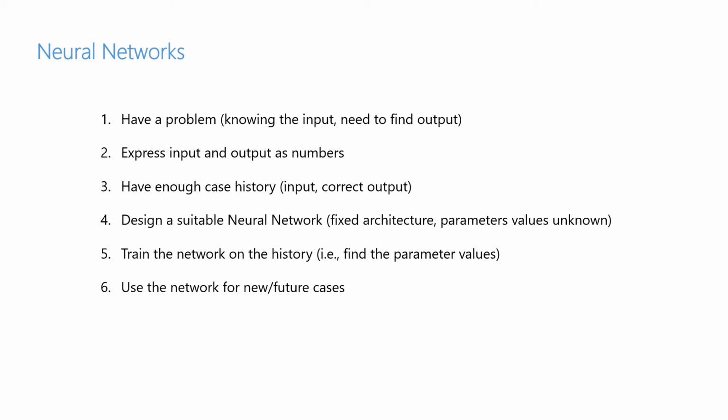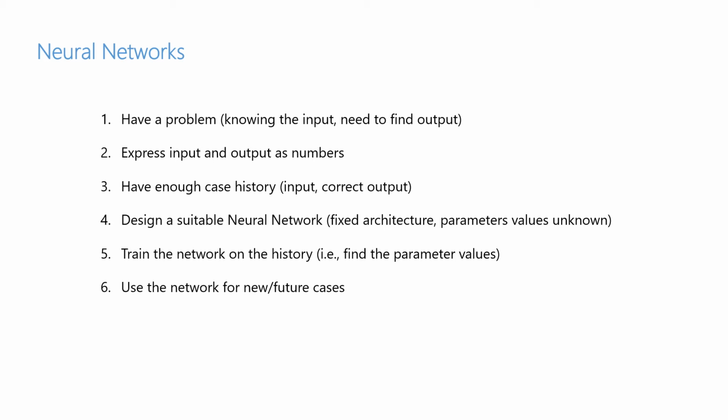And of course, input and output can also be an encoded picture, an encoded text, video, audio. At step 3, we see that the key element is, as we said, we need to have a good case history to train the network.